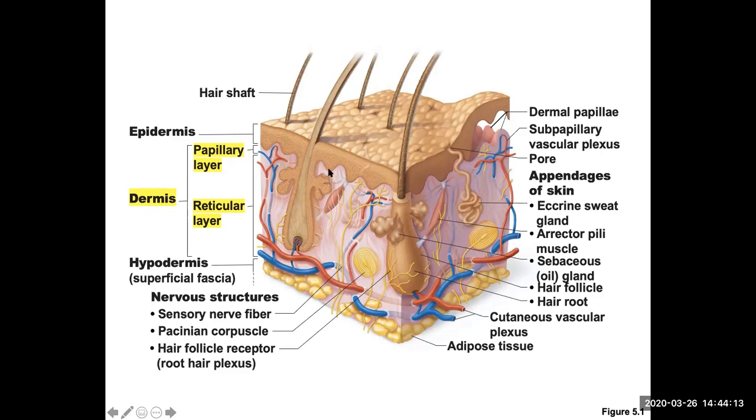So you can see how it's kind of wavy all along here at the border between the dermis and the epidermis. That waviness, those dermal papillae, which cause that waviness, that whole region, like from here to here, is the papillary layer of the dermis, okay? Everything below that of the dermis is the reticular layer, okay?